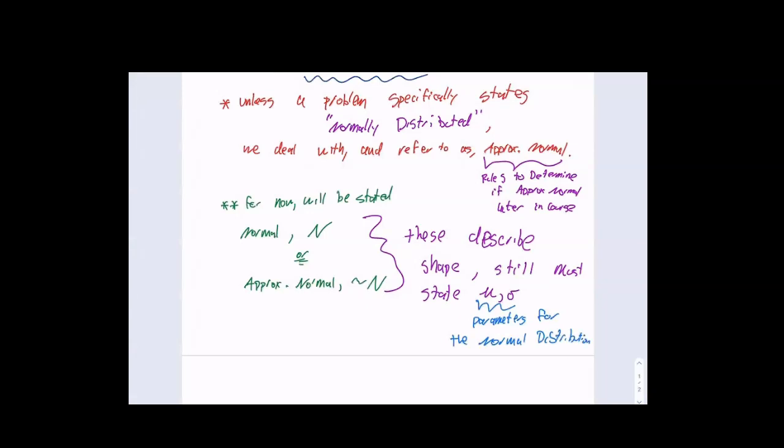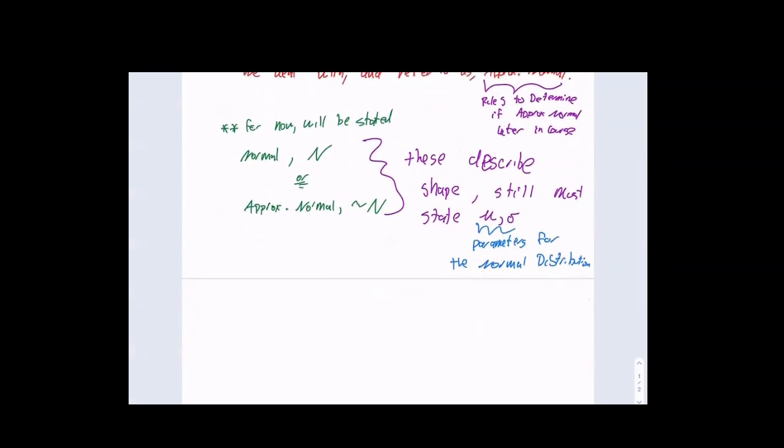The parameters are the center of that distribution and the standard deviation, the spread of that distribution. If you just said the distribution is normal, you have not described the distribution yet. First off, it's missing context. Even with context and stating normal or approximately normal, you're still missing the center and the spread.